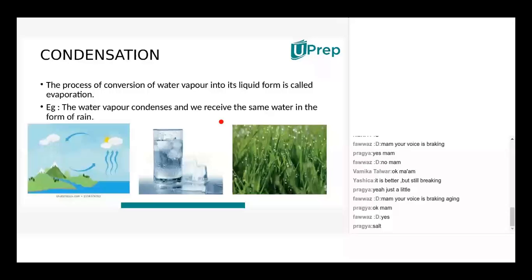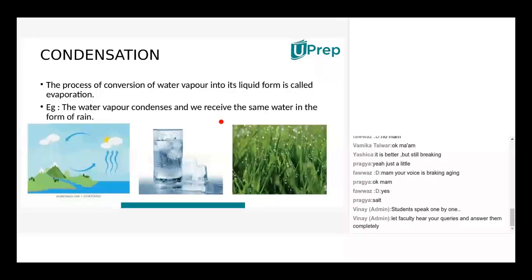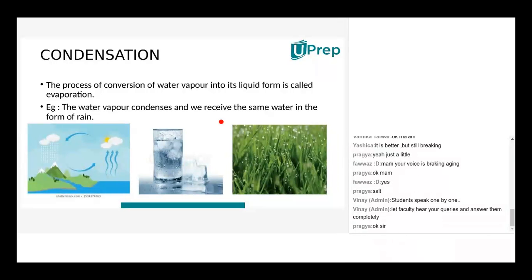Then we need to separate the liquid. For example, when water vapor condenses, we receive the same water in the form of rain, especially when there is a difference in pressure and temperature. So the evaporation process and condensation process take place.